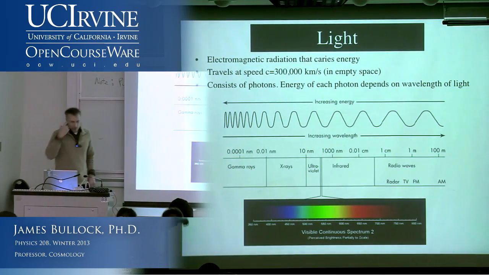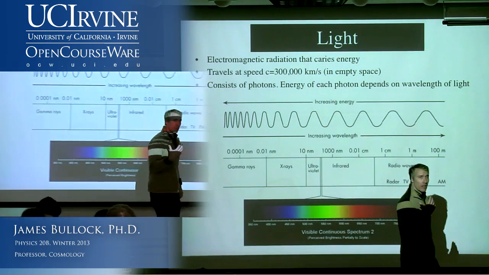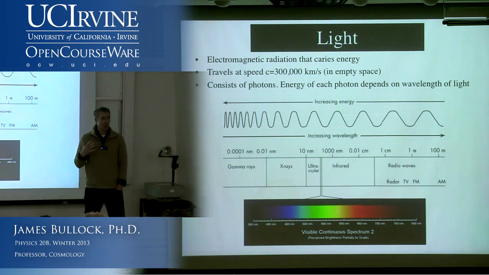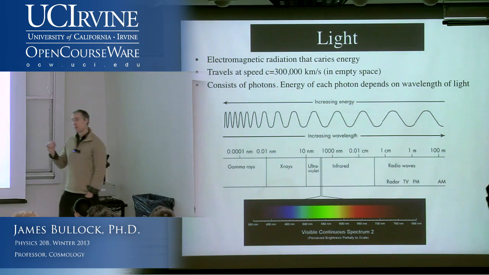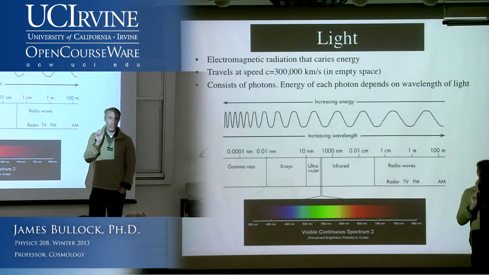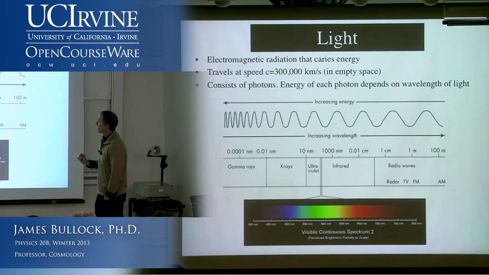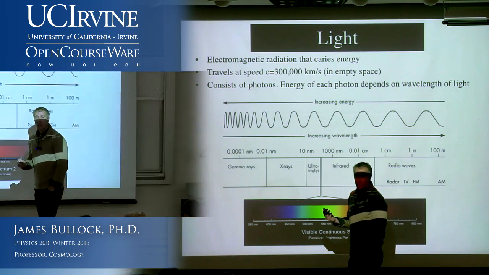So as we talked about last time, light is an interesting phenomenon, and it's useful to think a bit about what it is. We use light to see, but light is actually a broader phenomenon than just the bit of the electromagnetic spectrum that we use to see. Light is electromagnetic radiation that carries energy.